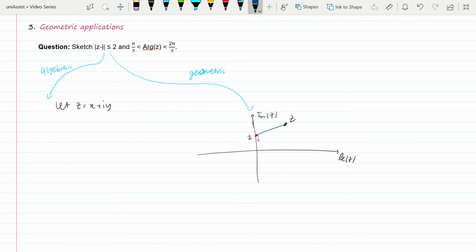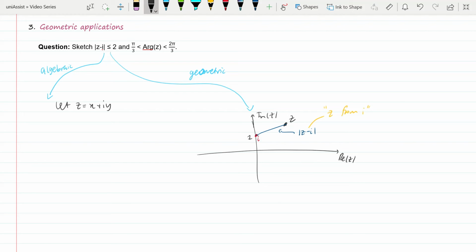So this is technically a representation of the modulus of z minus i. You can effectively interpret this as saying z from i, which is a very common approach with vectors, but it can also apply here. So what the question now tells me is that the modulus, or the distance, of z from i has to always be less than or equal to 2.